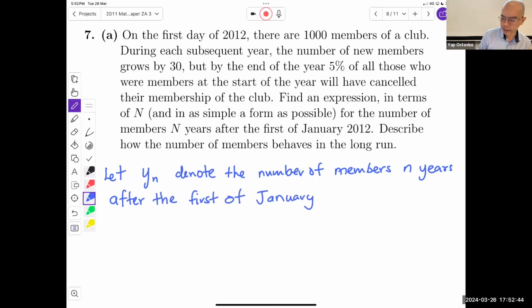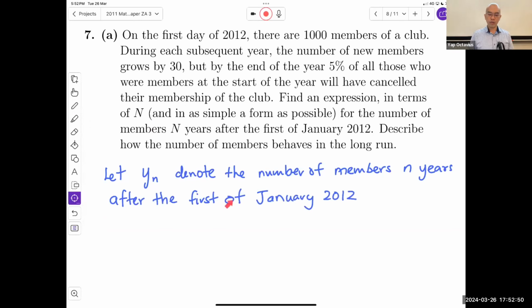Then you decide. I ask you now, with this statement, this first day of 2012, is it y0 or y1? Use this statement, please. Then look at this first day of 2012.